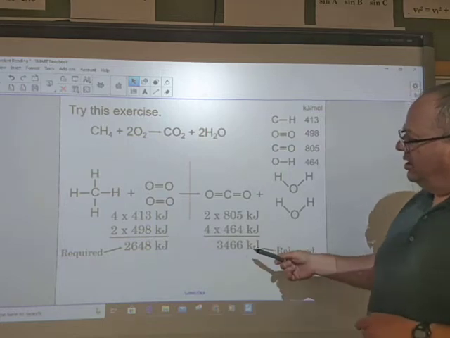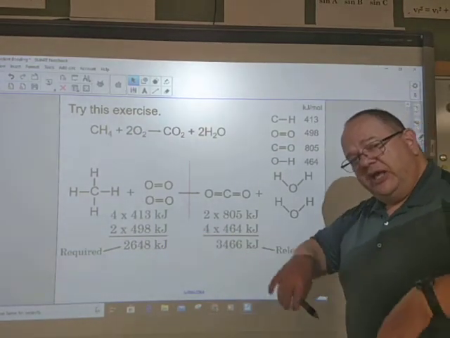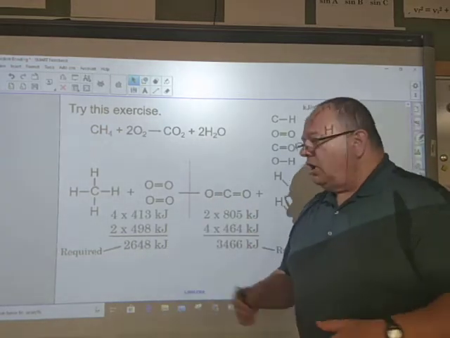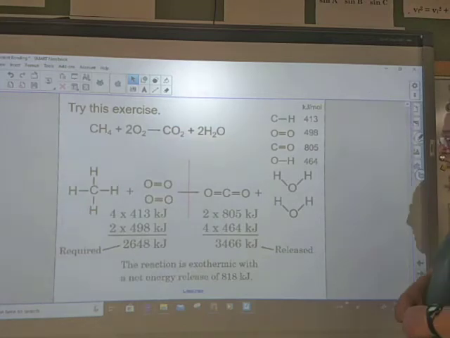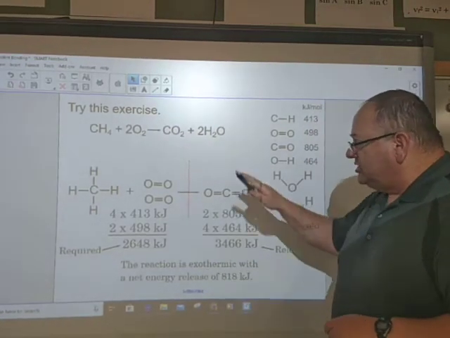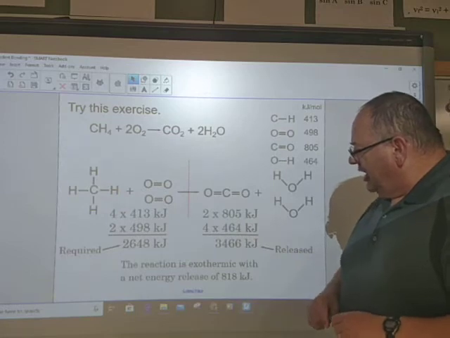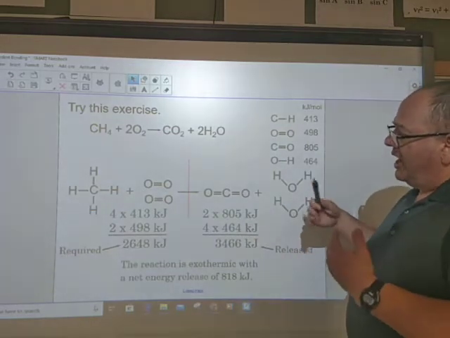Oh, hey look, we get a lot more energy out than what we had to put in. So there's going to be a net outflow of energy in this case. So it's an exothermic reaction, and the energy released as written is 818 kilojoules.